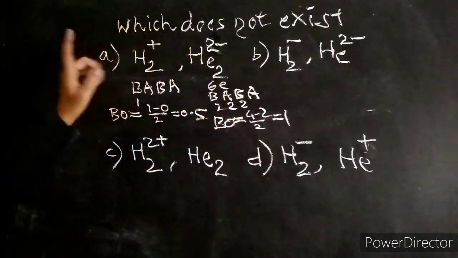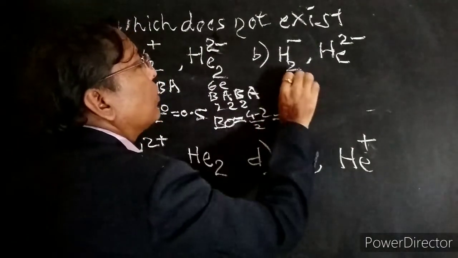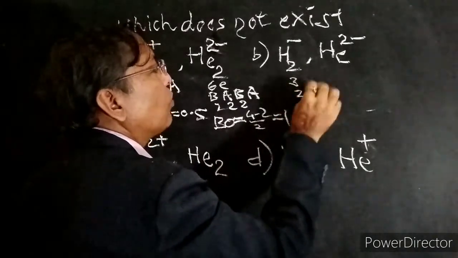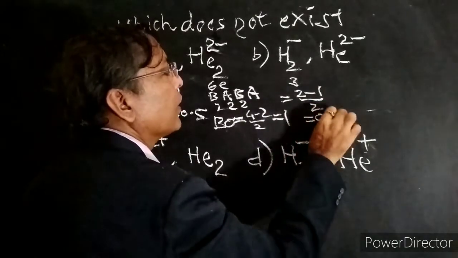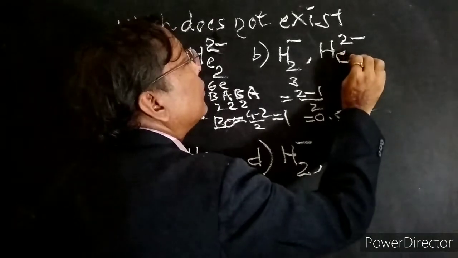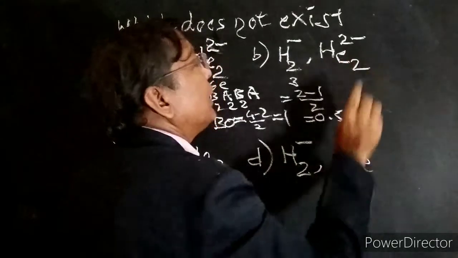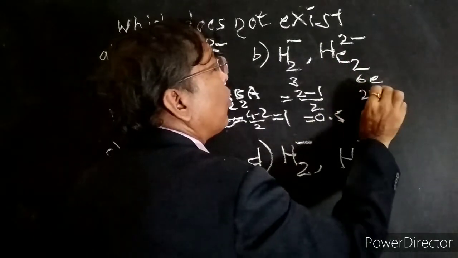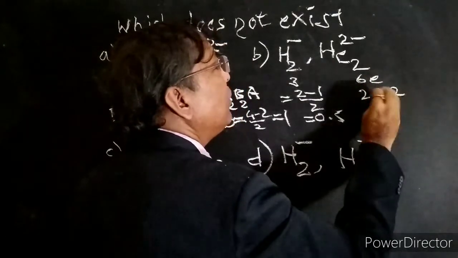Therefore this pair exists. Now in this case, total number of electrons is 3, bonding electrons 2, anti-bonding electron 1, divided by 2, that is equal to 0.5. And in this molecule, this is He2 2 minus, it has total 6 electrons, 2 electrons in bonding, 2 electrons in anti-bonding, and 2 electrons again in bonding.